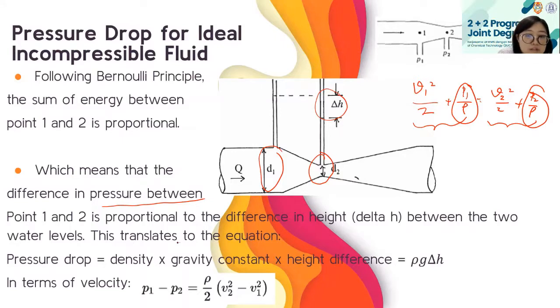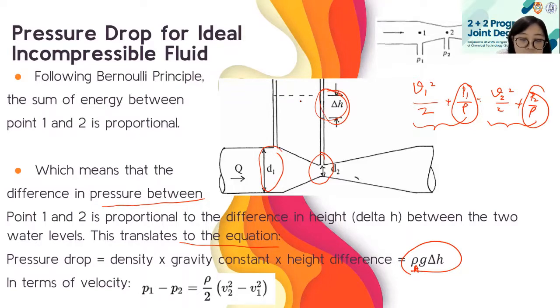So it again translates to an equation similar to what the pitot tube says. The density, the density of the manometer fluid, let's say it's density A for the manometer, times gravity times delta H here.